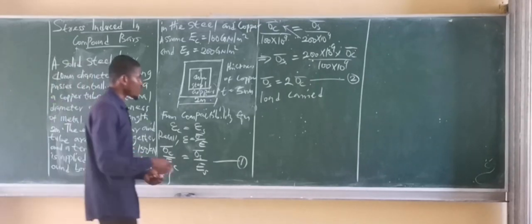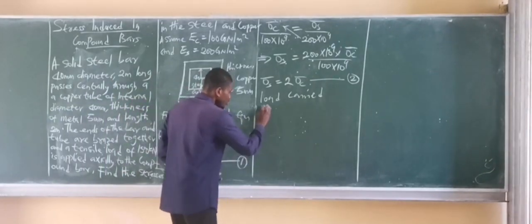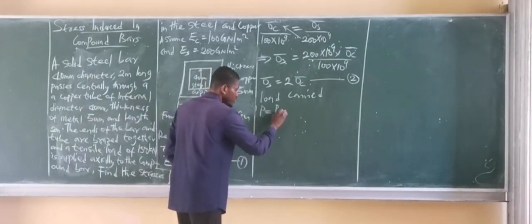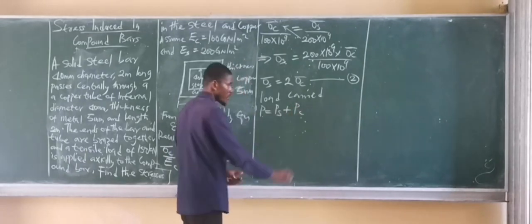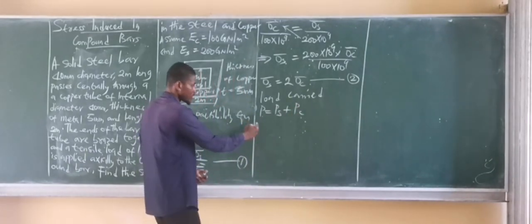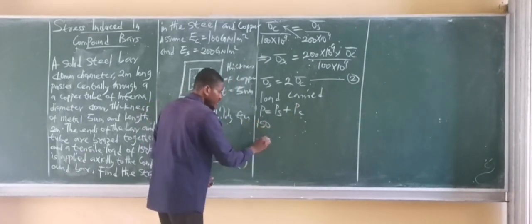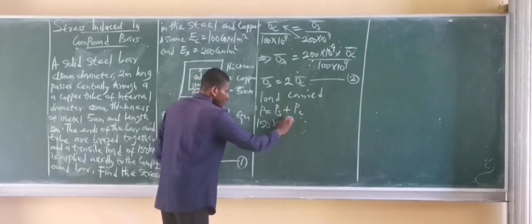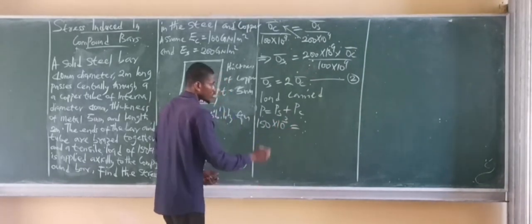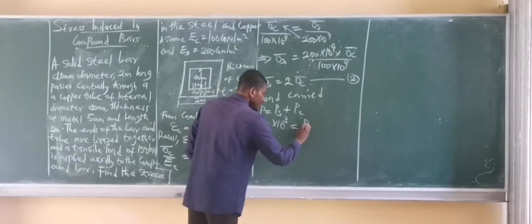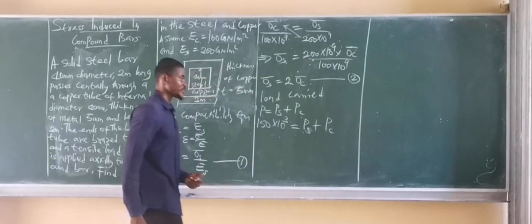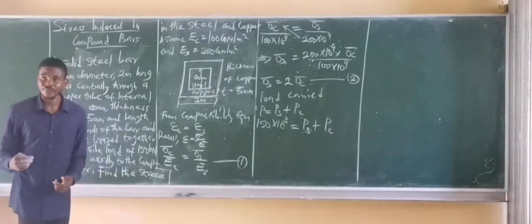So the load carried is load of steel plus load of copper. 150 kilonewtons, times 10 raised to the power 3, is equal to the load of steel plus load of copper. That's the second equation.